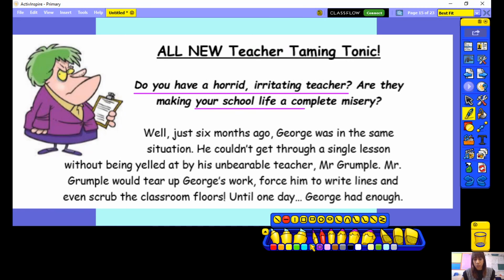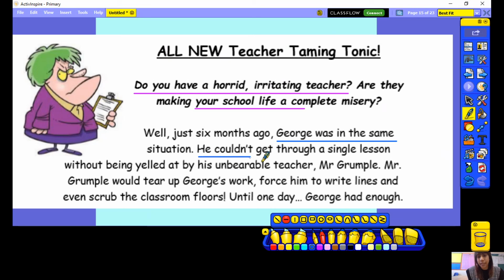Now the third person, I'm going to switch colour here. The third person would be talking about somebody else entirely. So I'm probably going to be looking for somebody's name to be used and pronouns such as he, his, him, or she, her. Well, just 6 months ago, George, there we go, that is talking about a new person. I'm not talking to anyone now, I'm talking about somebody.